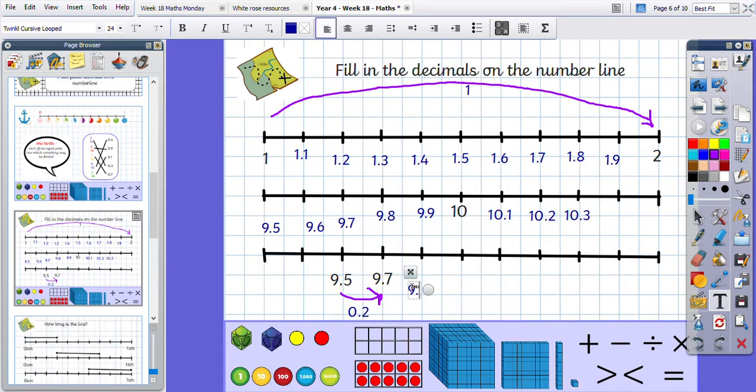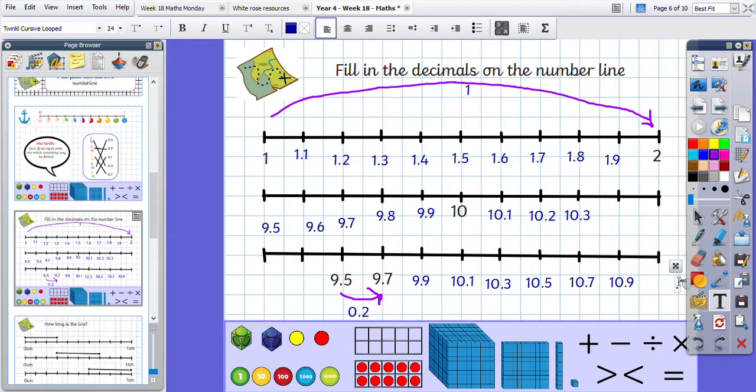Okay, we would have 9.9. What's 0.2 more than 9.9? It would be 10.1. Well done if you got that correct. 10.3. Counting on 0.2 each time, 2/10 each time, all the way to the end.